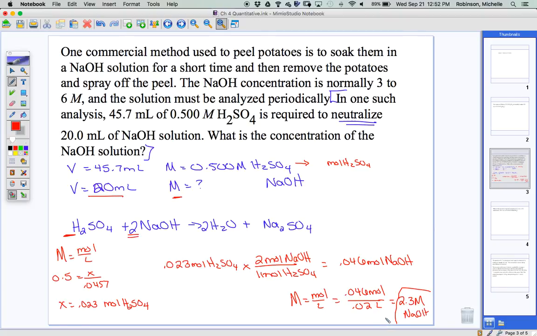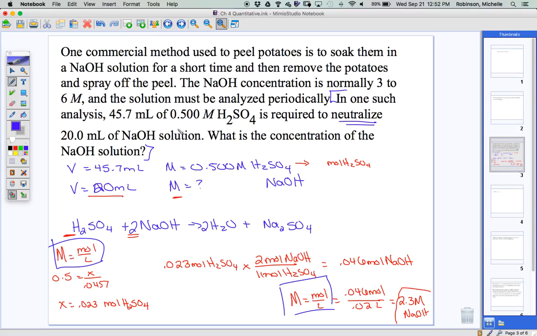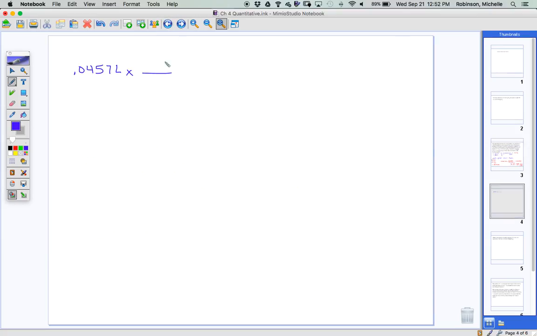Yes, you absolutely can show your work all in one line. The ones that are still struggling, what I'm finding is the ones that are struggling with the molarity seem to like the algebra better, but you absolutely can do that problem all in one line. You would start with the volume, so 0.04, was it 57? Yeah. Liters times the molarity, which was 0.5.